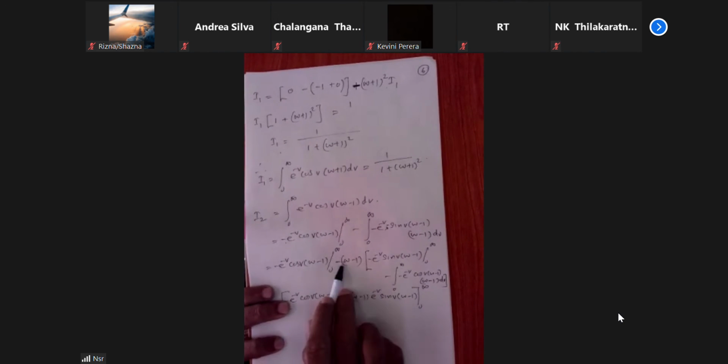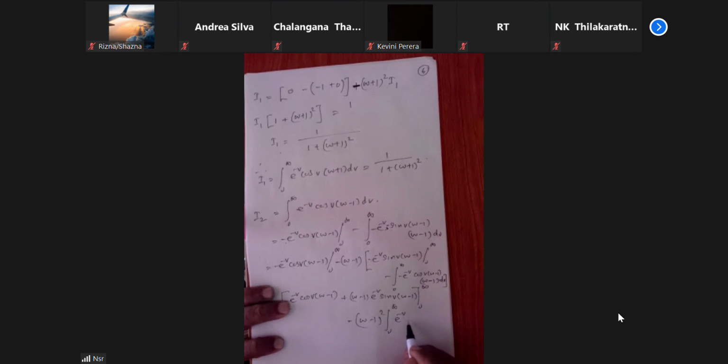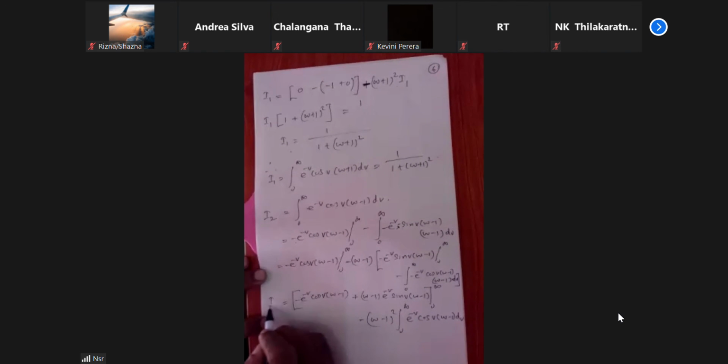And the next term, 3 times minus means minus (omega minus 1) square, 0 to infinity e to the power minus v cos v (omega minus 1) dv. That is I2.